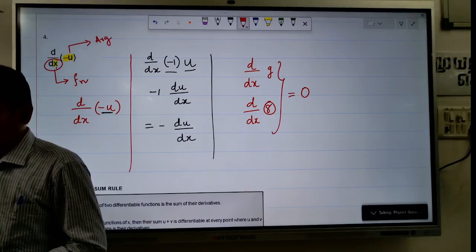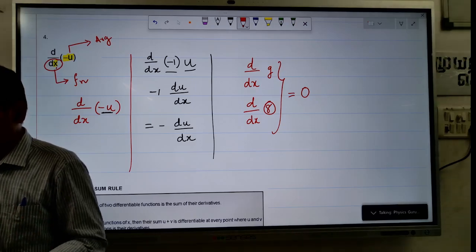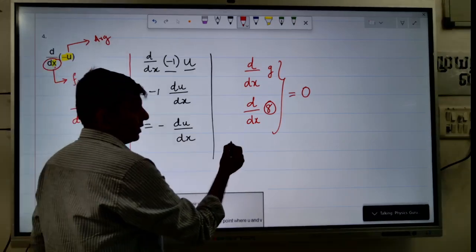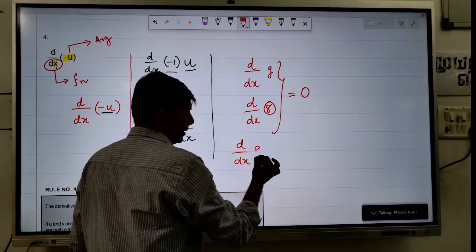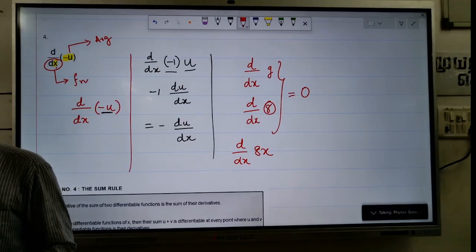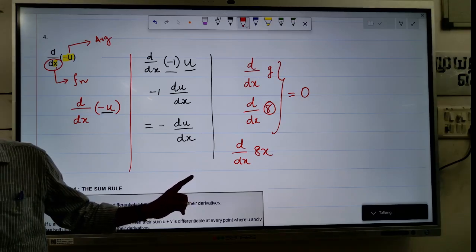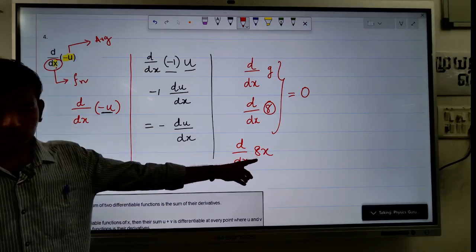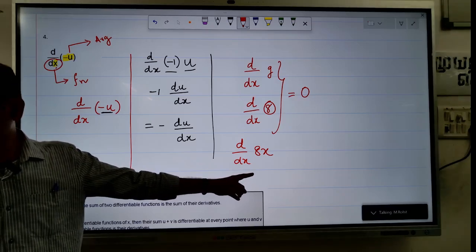Got it? Suppose I have d by dx of 8, then I'm not supposed to take the 8 as 0. Got it? This is called coefficient. What do we call it? We call it coefficient.